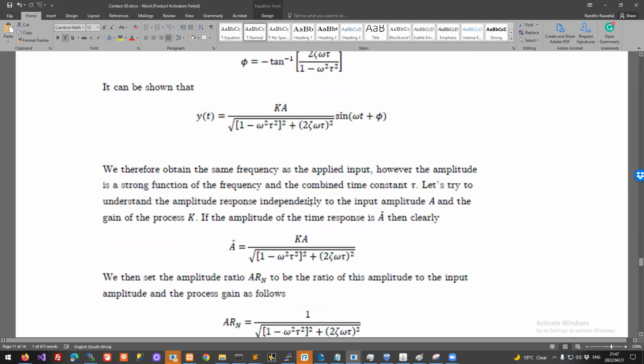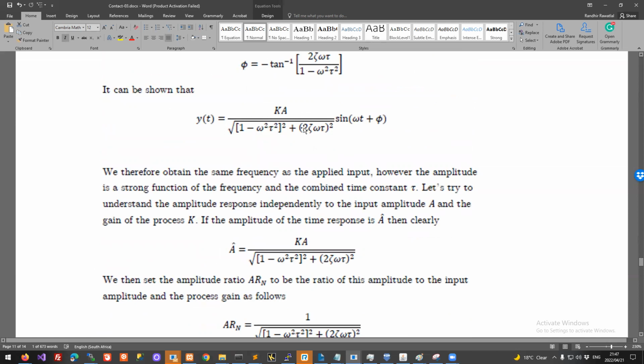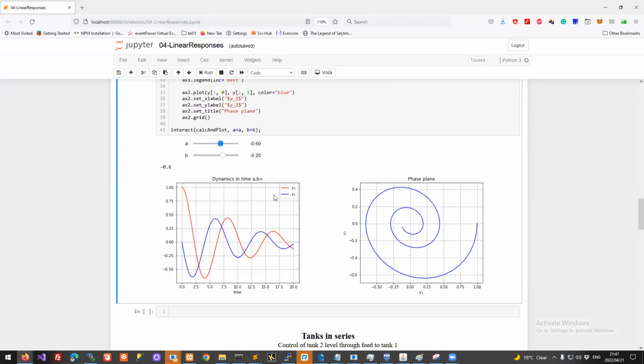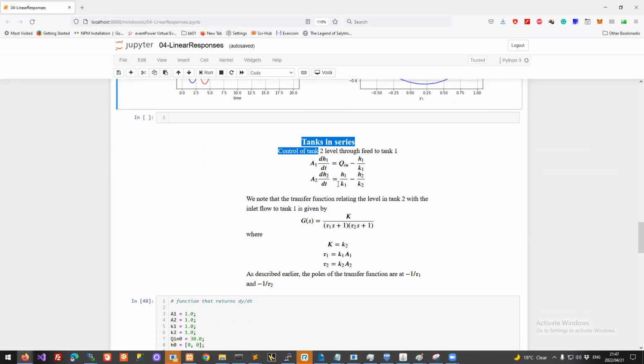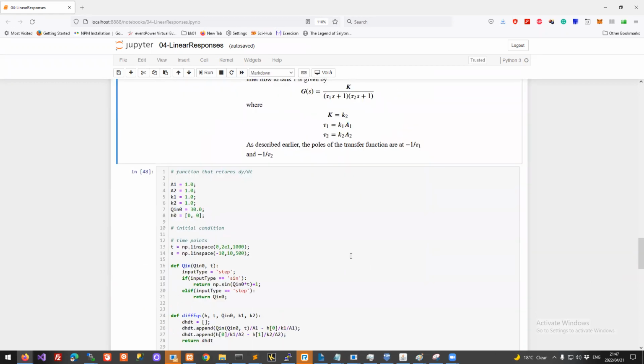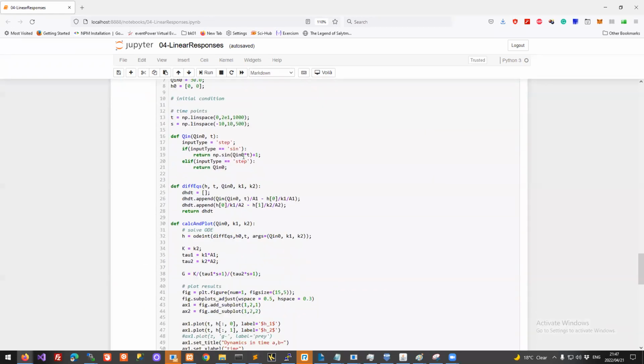And so if you were to investigate this, here's the same tanks in series problem. And here we are applying a, you can try different things. We can try the step or we can try the sine. So here, you just change the step to sine if you want to view the sine.